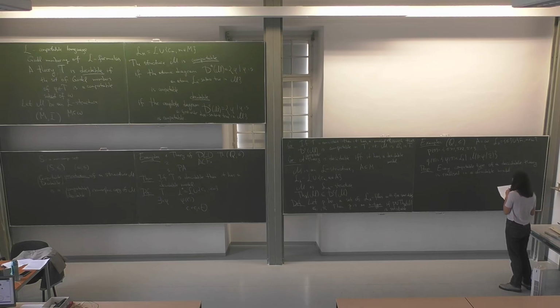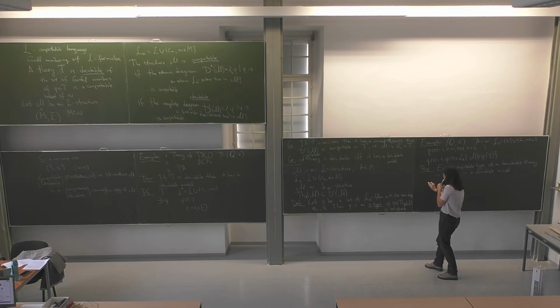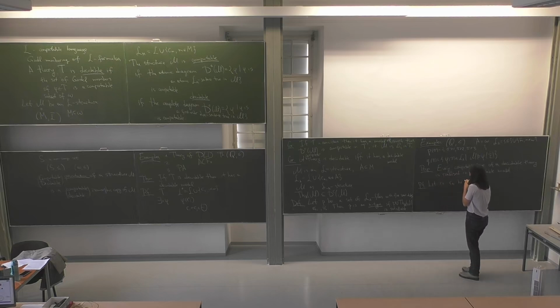Okay, so basically what we do here, we just take some new constants that do not occur in our type, and we get a consistent decidable theory. So let C1, ..., Cn be new constants. And then we consider the theory which looks like T together with P, where we substitute variables with those constants.